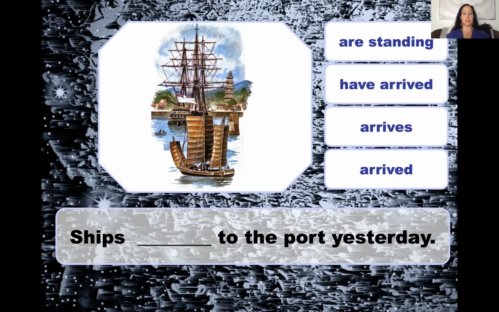Ships blank to the port yesterday. Ships are standing to the port yesterday. Ships have arrived to the port yesterday. Ships arrives to the port yesterday, or ships arrived to the port yesterday. What should the answer be?